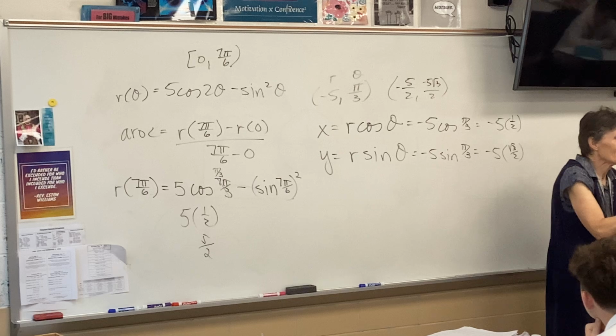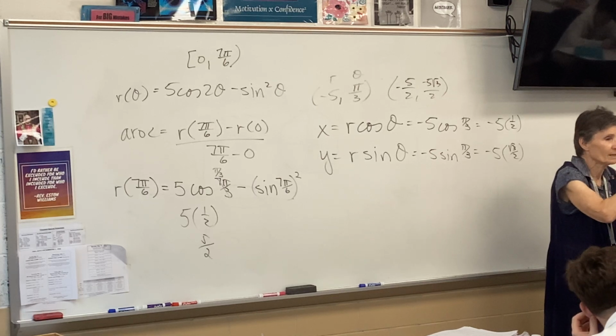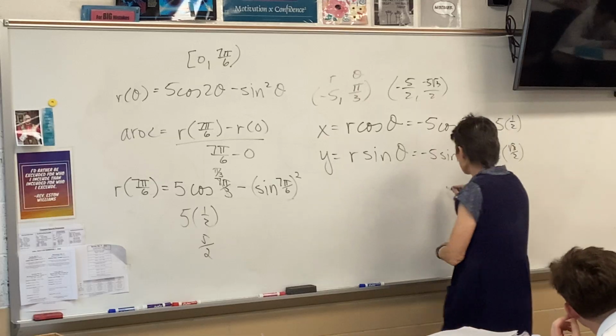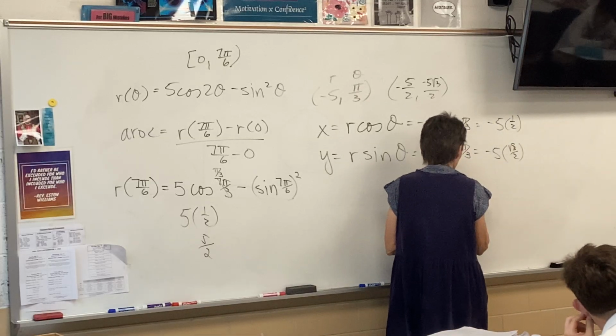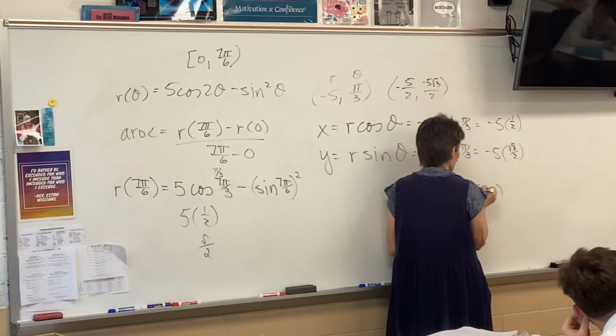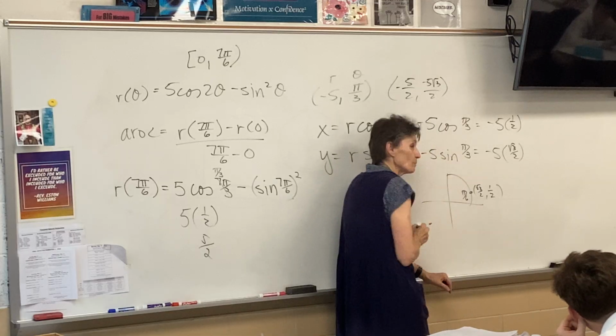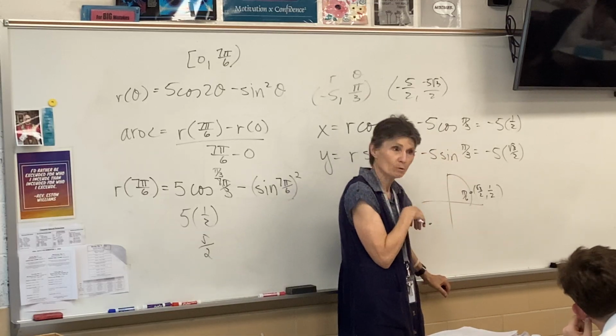7 pi over 6. Quadrant 3, right? It's the pi over 6 equivalent. On my unit circle, pi over 6 is what ordered pair? Root 3 over 2, 1/2. Put that down here in quadrant 3. 7 pi over 6, they're both negative.